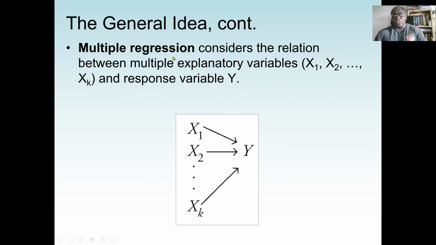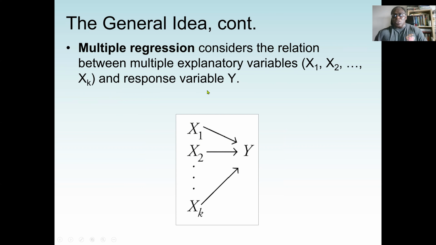Now, in multiple regression, we are going to consider more than one independent variable. For example, consider the relation between multiple explanatory variables such as X1, X2 up to Xk. So it can be any number of independent variables.